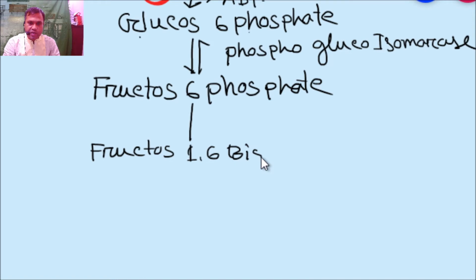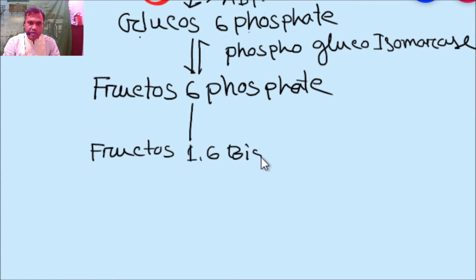Next, fructose 1,6 bisphosphate breaks down and produces two compounds. The first one is 3-phosphoglyceraldehyde, and the other is dihydroxyacetone phosphate.